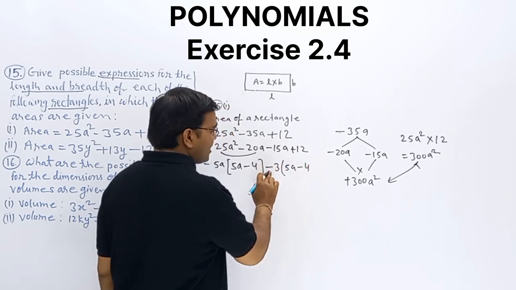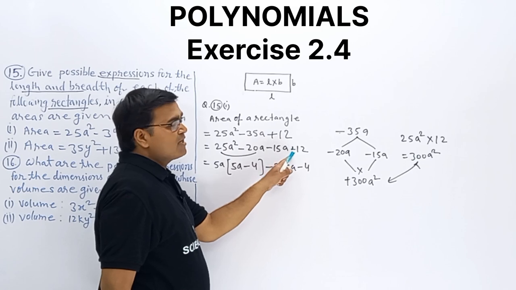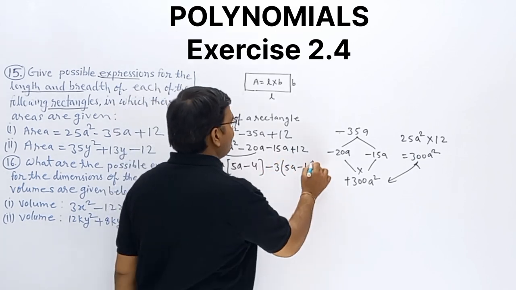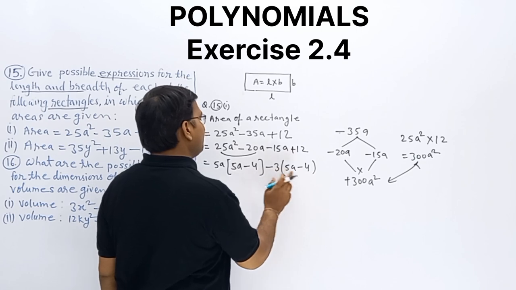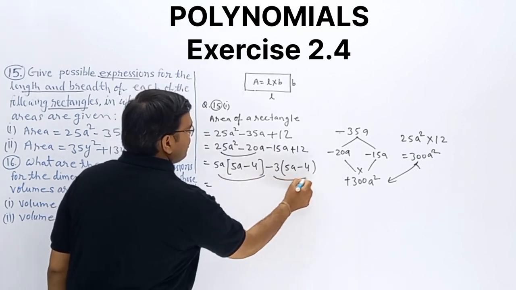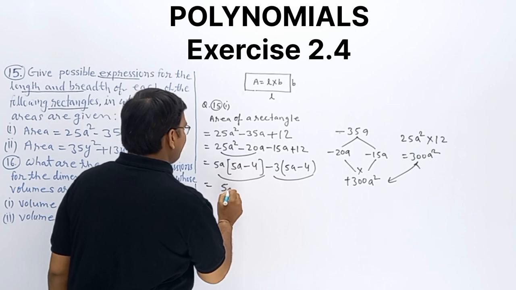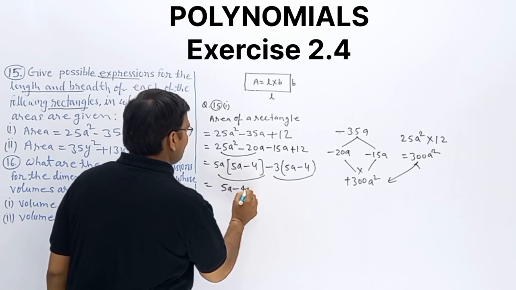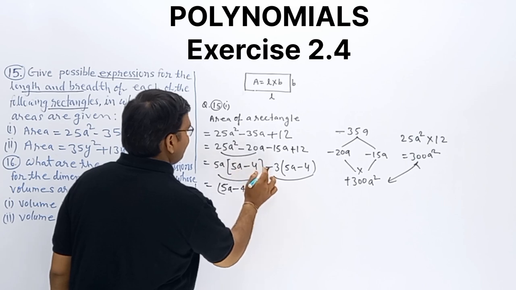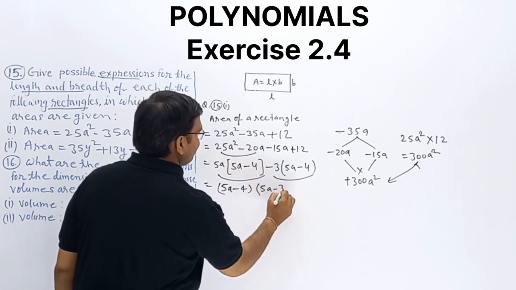We are taking out a minus, so inside we change the sign: plus becomes minus, giving 5a minus 4. Now both terms have 5a minus 4 as a common bracket, and the remaining terms form another bracket, 5a minus 3.